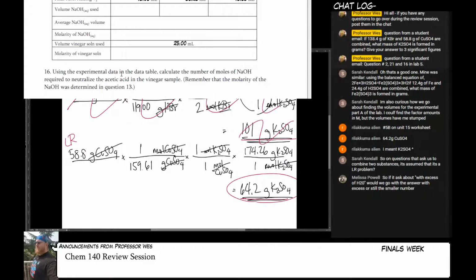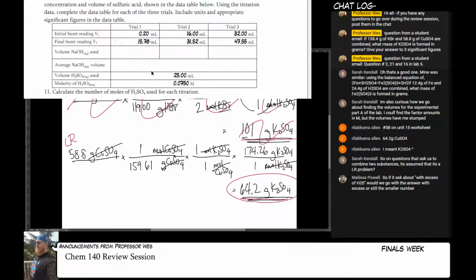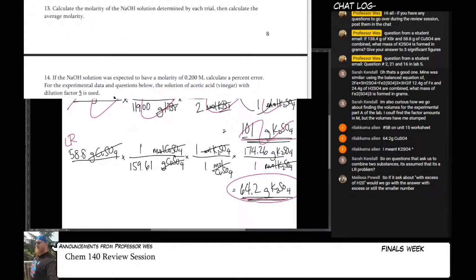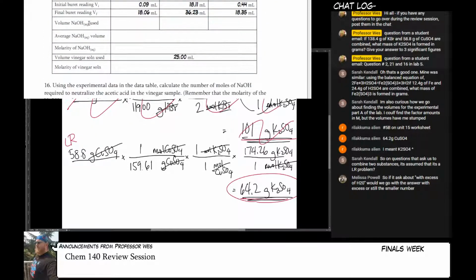What you first have to do is find the molarity of sodium hydroxide, and you do that in this first part. So when you do step 13 here, you will get the molarity of the sodium hydroxide, which you're then going to use in question 16 and onward.